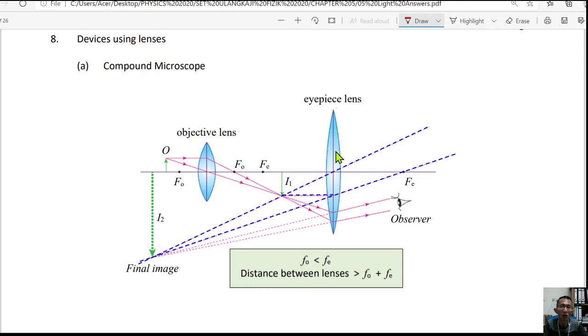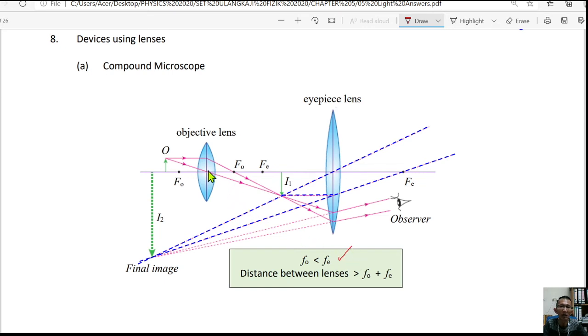All right, so what do I need to know about designing a compound microscope other than using two convex lenses? First is the focal length of the objective lens, FO. It must be less than FE. That is point number one that I need to know.